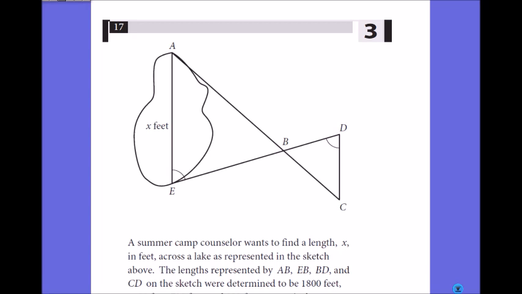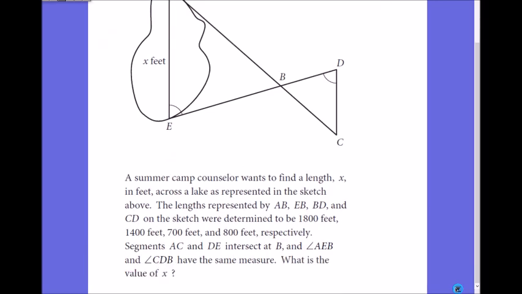Okay? 17. A summer camp counselor wants to find the length of x in feet across the lake as represented in the sketch above. The lengths represented by AB, EB, BD, CD on the sketch were determined to be, so it has to match the order, AB is 1800, EB, second one, is 1400, and 700 is the third one, BD, and 800 is CD.